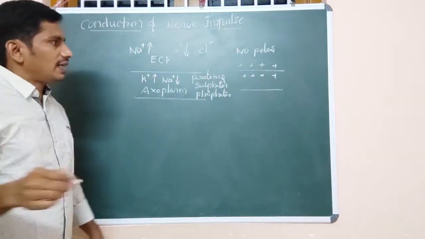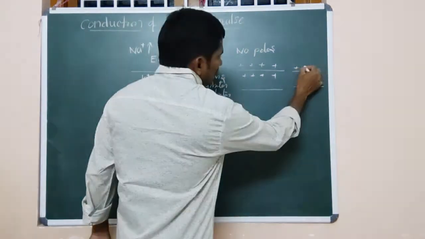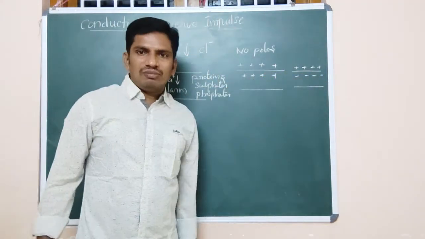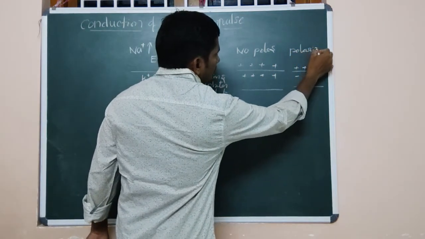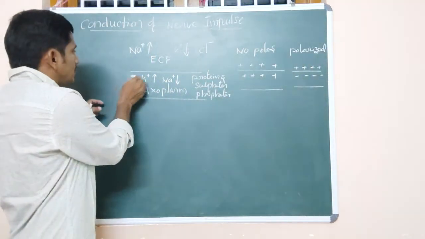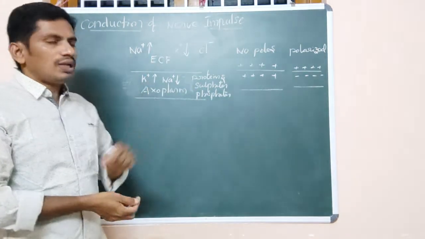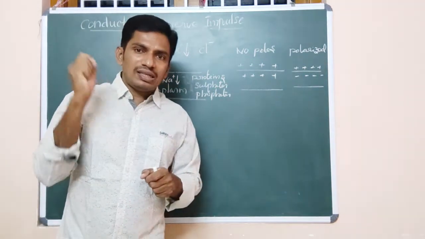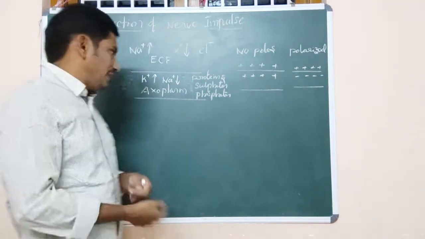Or else, if the distribution of positive and negative ions throughout the axonal membrane is like this, it is called a polarized neuron. This is the resting state, when the neuron is not conducting any impulse.